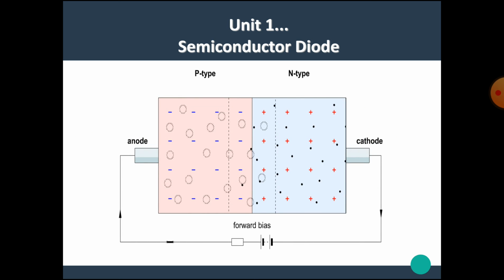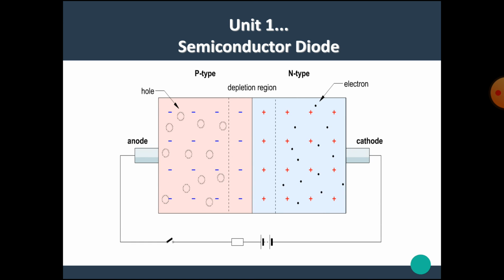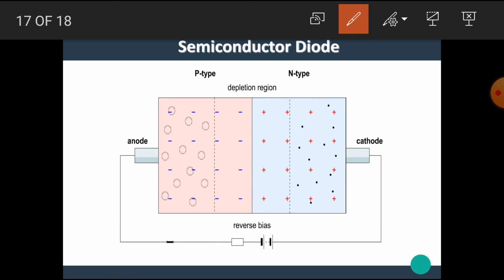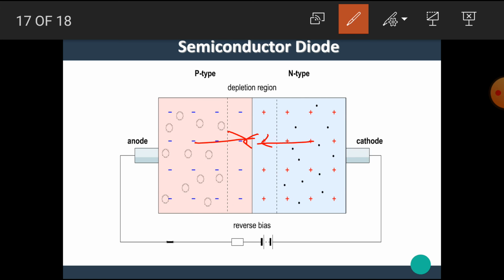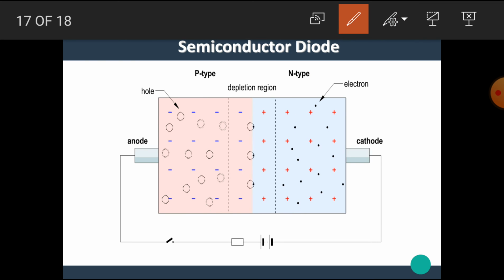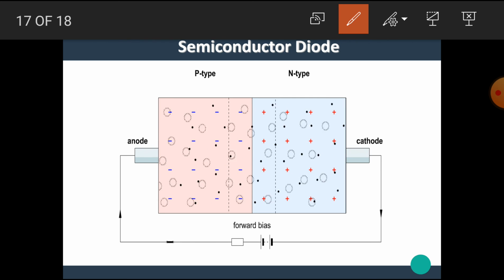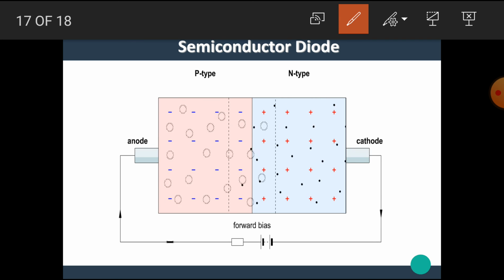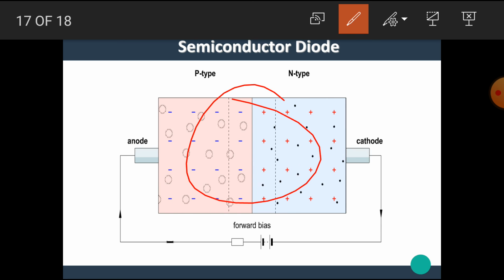Now here the actual action is shown in forward bias mode and in reverse bias mode. What happens in forward bias mode? In forward bias mode, the holes and electrons come towards each other, and in reverse bias mode the depletion layer width increases. Here the increased depletion layer width is shown.